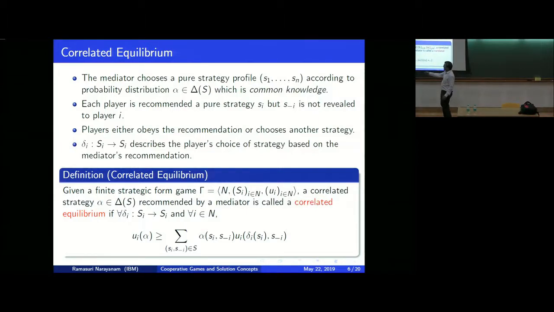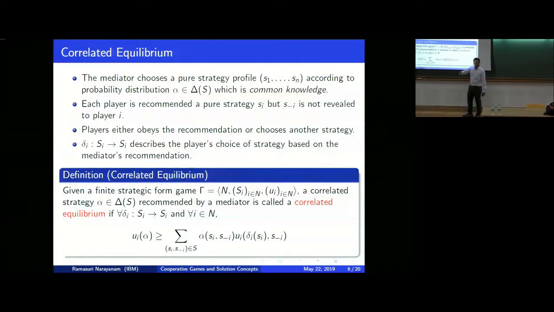For that reason, this delta is coming. So the utility to the ith player as per the correlated strategy alpha, Ui of alpha, should be at least this quantity. I think you have seen this in the first talk perhaps.